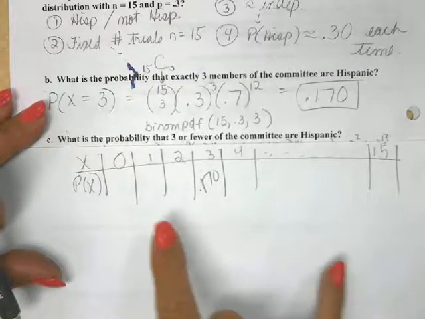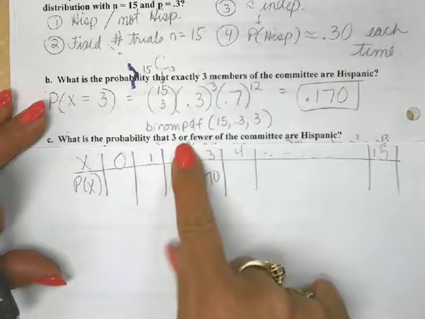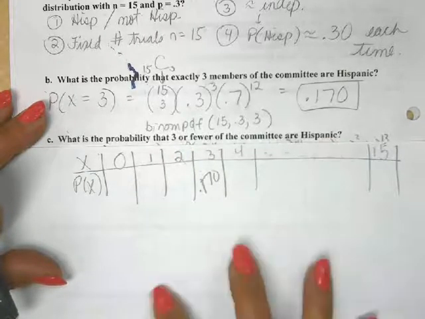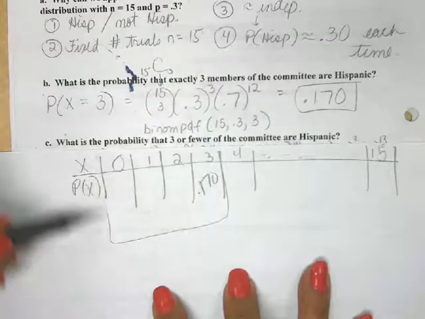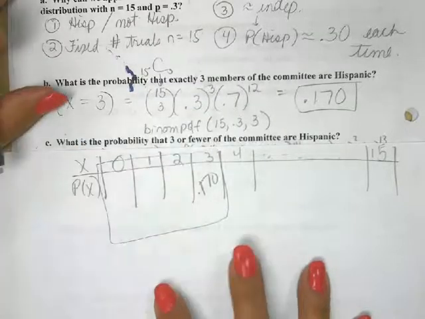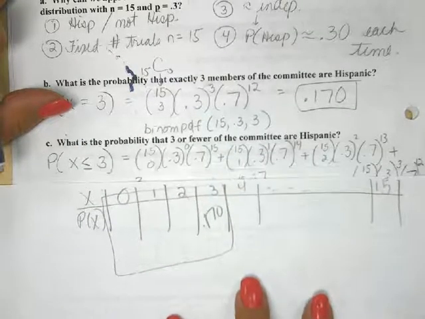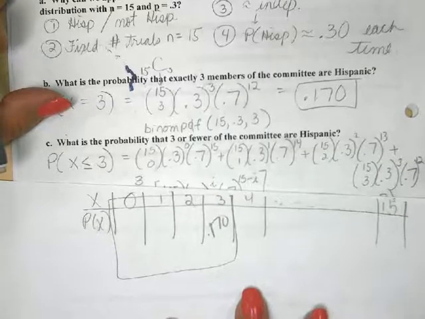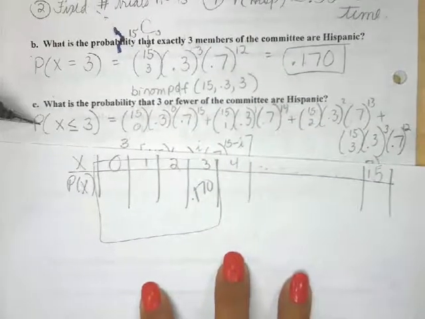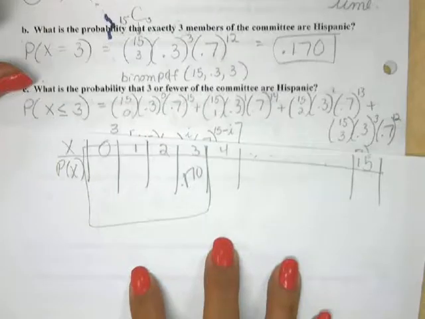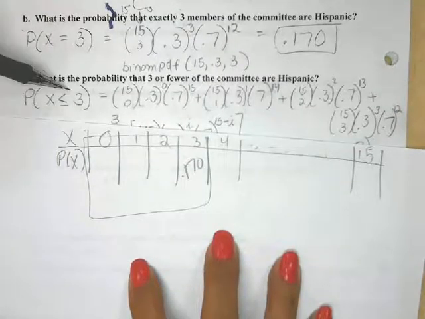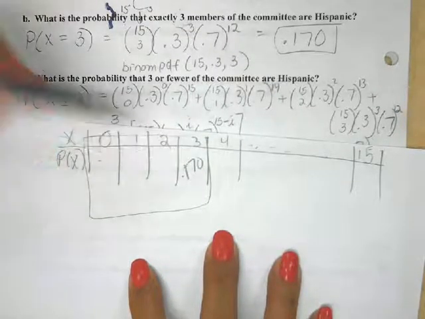So now we need to figure out what is the probability that 3 or fewer Hispanics are being chosen. So we really want these answers to be added together. And so I wrote it out in the whole notation with the symbolism, that's the correct symbolism, for what I want. Now these are the probabilities that I want to add up.